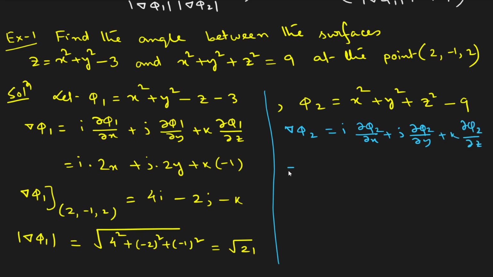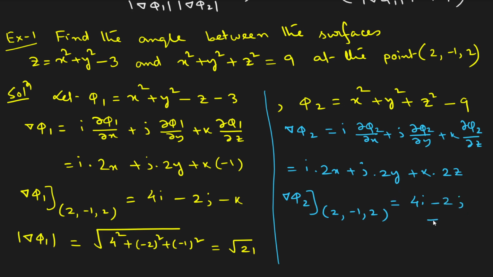If we differentiate with respect to x, again you will get twice x, j into twice y, k into twice z. Then nabla phi 2 at the point (2, -1, 2): if we put in, 4 i cap minus 2 j cap and then 4 k cap, right? So let us find the magnitude.